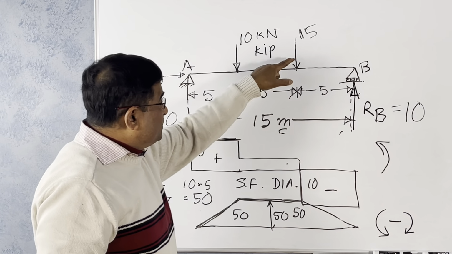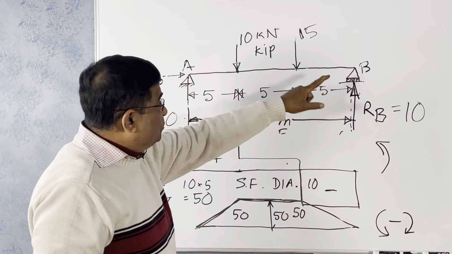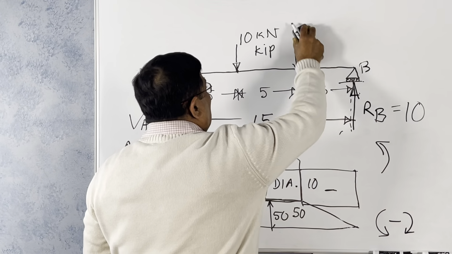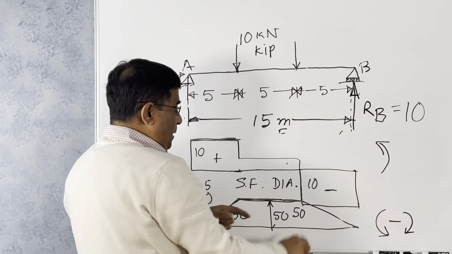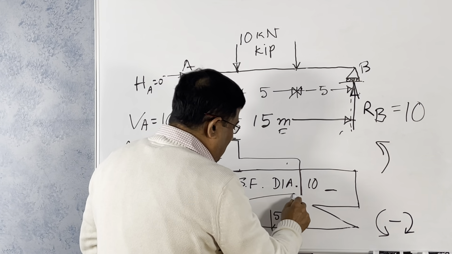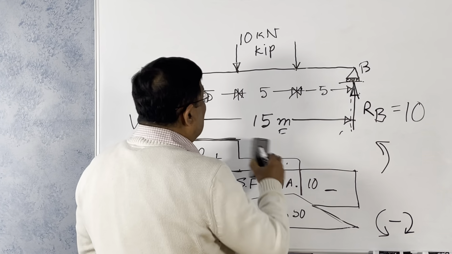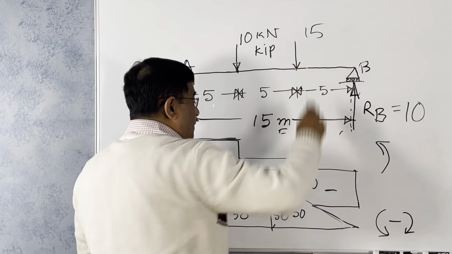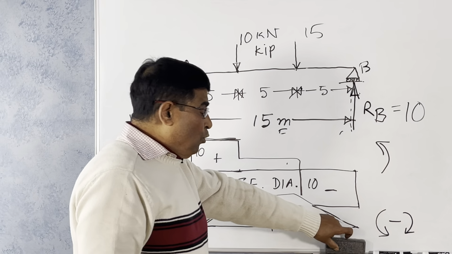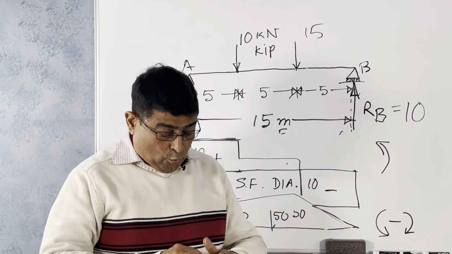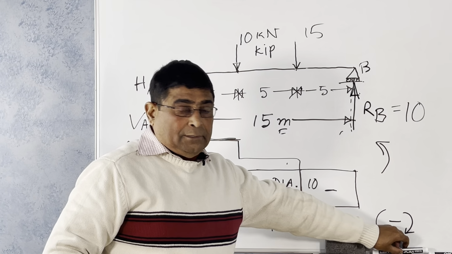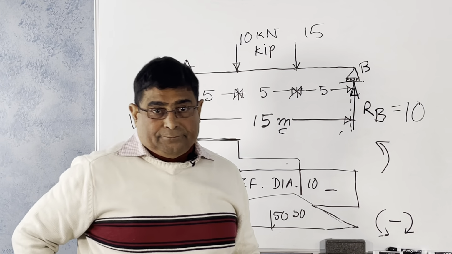So RB times of this distance, which is 5, will give you the maximum moment there. Likewise, if you know the bending moment and shear force thoroughly, it will be very easy to solve the problems. So this is all for today.